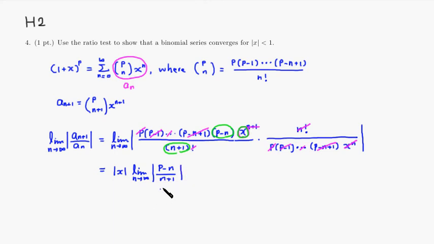In order to take the limit more easily, I'm going to divide top and bottom by n.